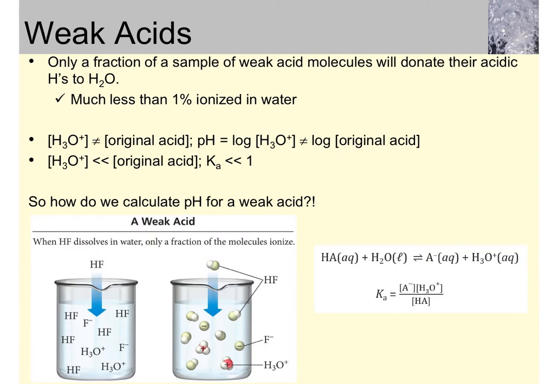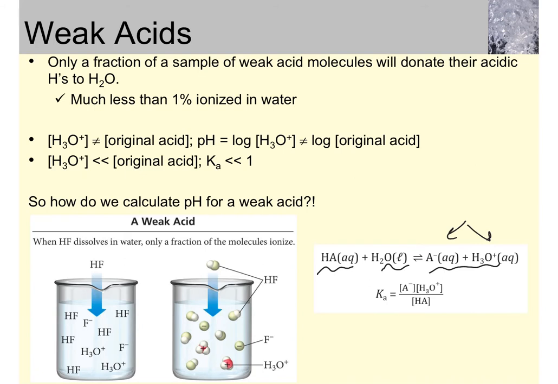Alrighty, now what is more difficult to find the pH of are weak acids and weak bases. That is because if you have a weak acid and you put it in water, instead of 100% of it splitting up to give you the individual ions, only a fraction of it does that.